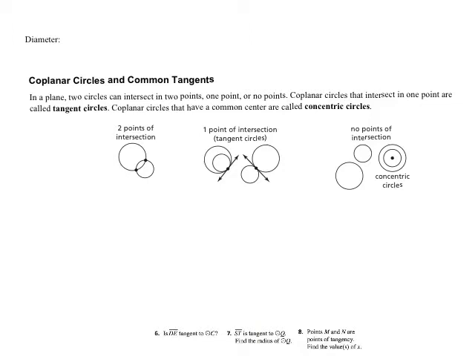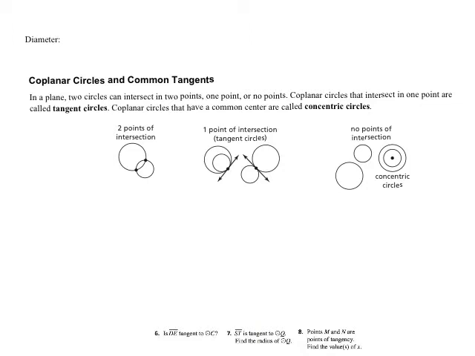They can intersect at 2 points, 1 point, or no points. They don't have a special name if they intersect in 2 points. If two circles intersect at 1 point, that means that they are tangent circles. They have a common tangent, okay? And then if two circles have the same center, they are called concentric circles.